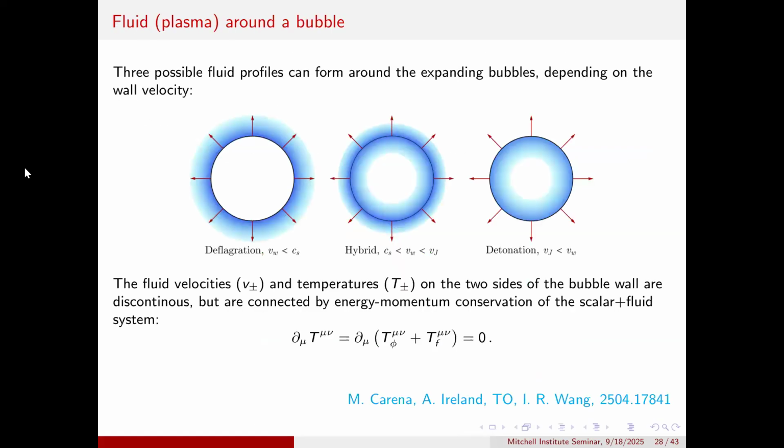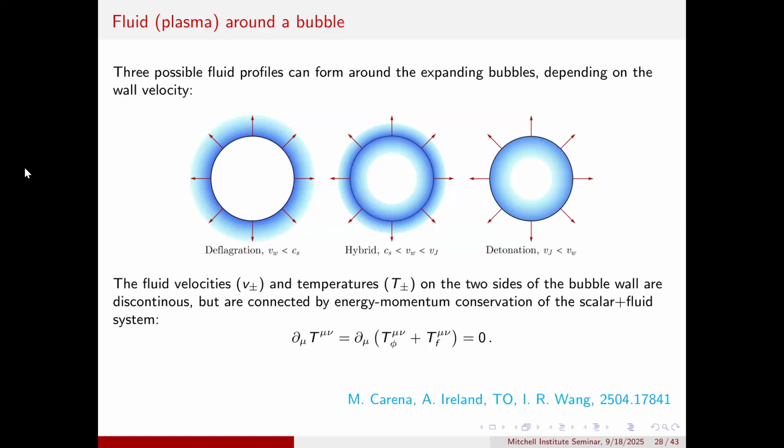So now I'm going to talk about how we can calculate the bubble wall velocity in a plasma background. Before that, we have to understand what kind of fluid profiles could form around the bubble. There are 3 types, depending on the wall velocity.